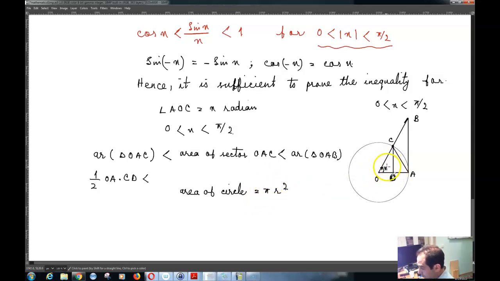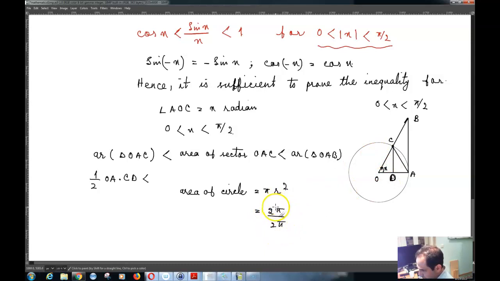Now a full circle is 2 pi by 2 pi. If you go one full revolution around the circle, that would be 2 pi, and 2 pi is one complete revolution, right?